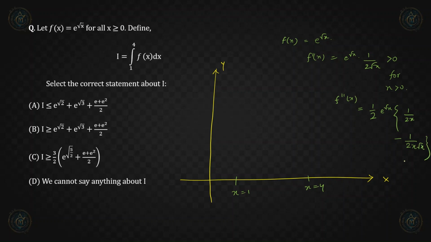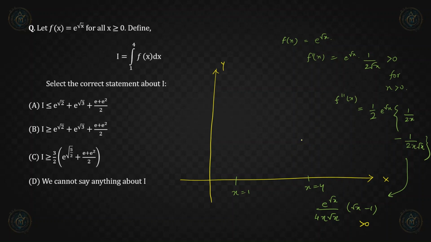So we can write f double dash x as e to the power root x divided by 4 x root x, times root x minus 1. So this thing is again positive, right? This is positive in this interval x equal to 1 to x equal to 4, because root x minus 1 is positive, and every other thing is positive here. So we can say this function is concave upwards, right? So the graph will look like this in this interval.